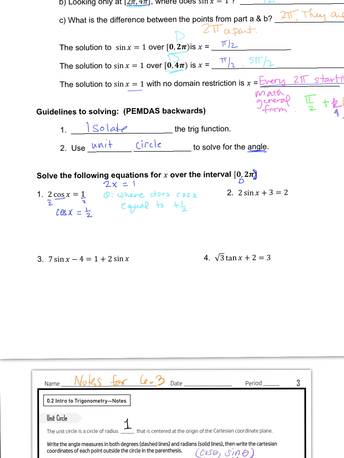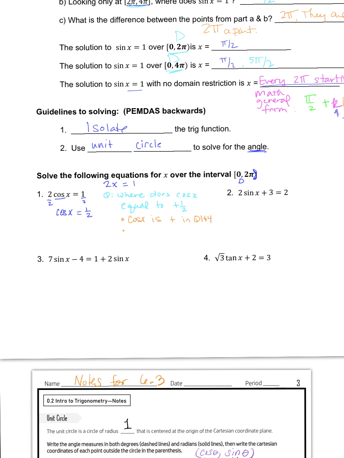That's kind of important. It's got to be positive because we have positive and negative. So what do we know? We know that cosine is positive in quadrant 1 and 4.